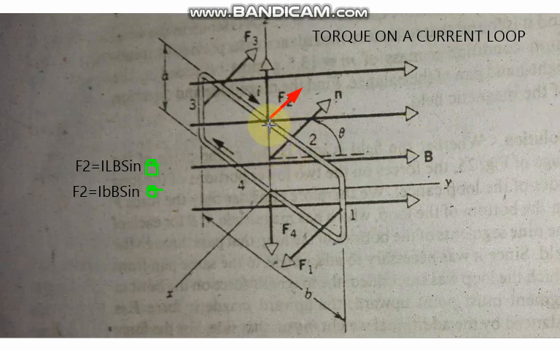The current is flowing this way, and the angle is always determined between the tails. Okay, so this angle is 90-degree between n and small b.